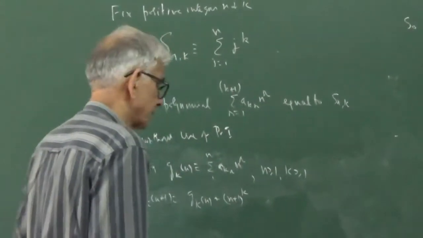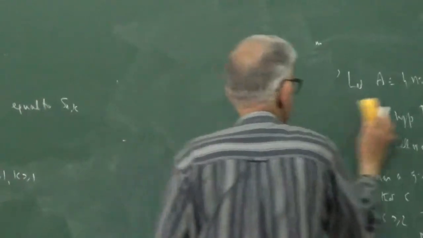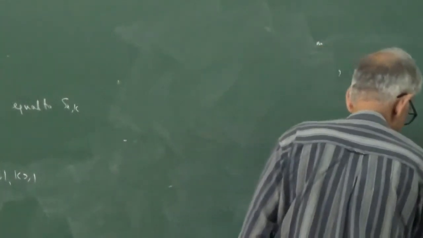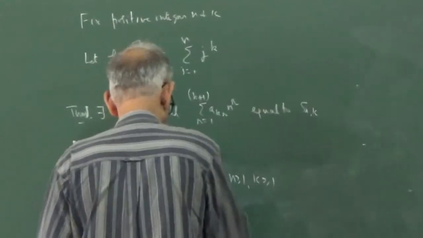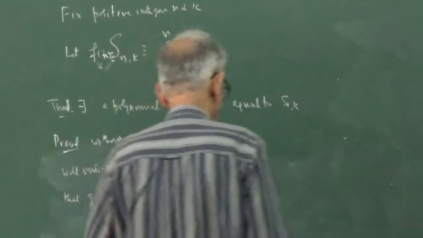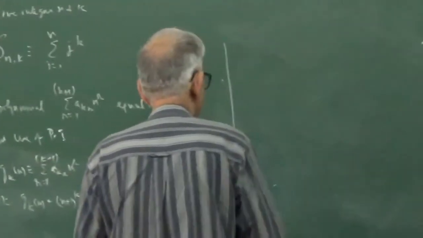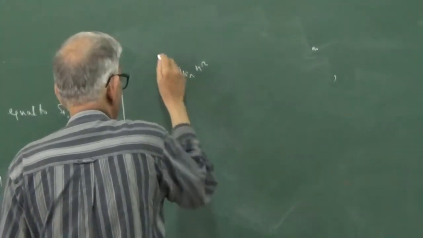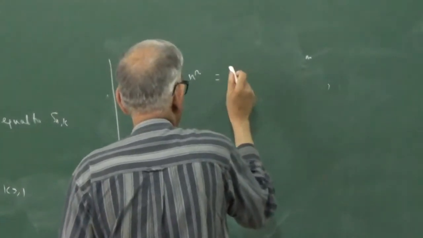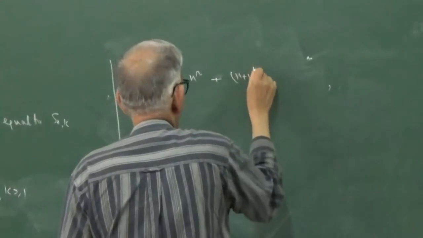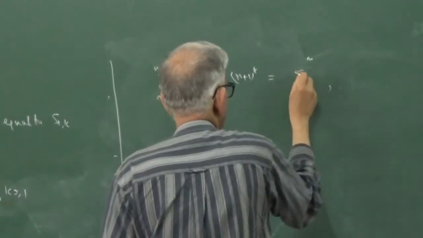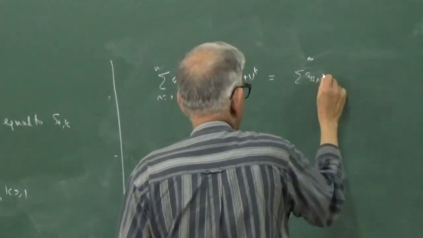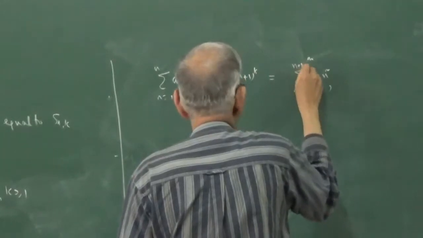Okay? And that we will do as follows. What we want is that these constants a_kr, r equal to 1 to k plus 1, satisfy this equation for g_k of n. So we notice that summation a_kr n to the power r, r equal to 1 to k plus 1, is equal to n plus 1 plus n plus 1 to the power k, which is equal to summation a_kr n to the power r, r equal to 1 to k plus 1.